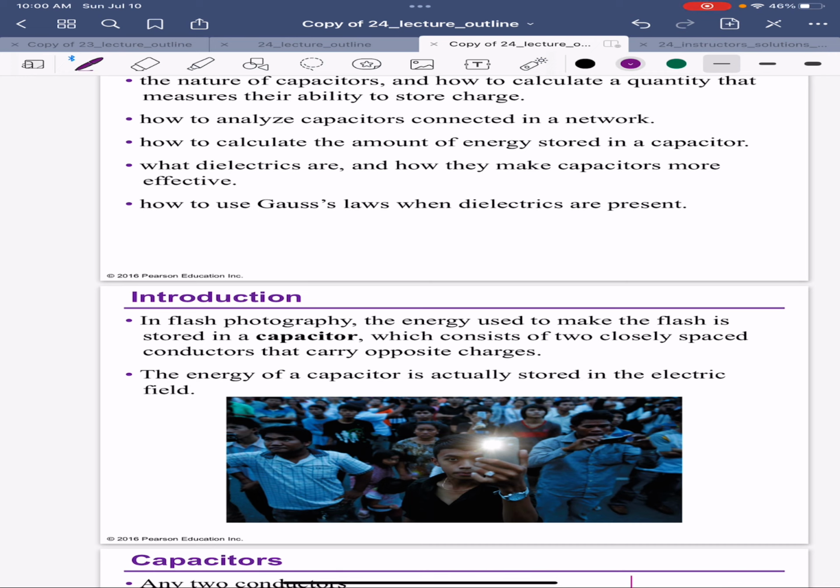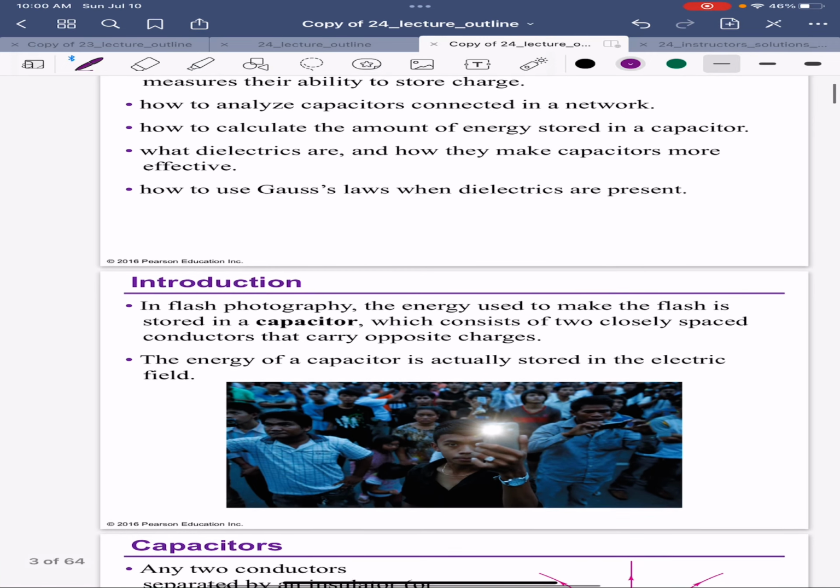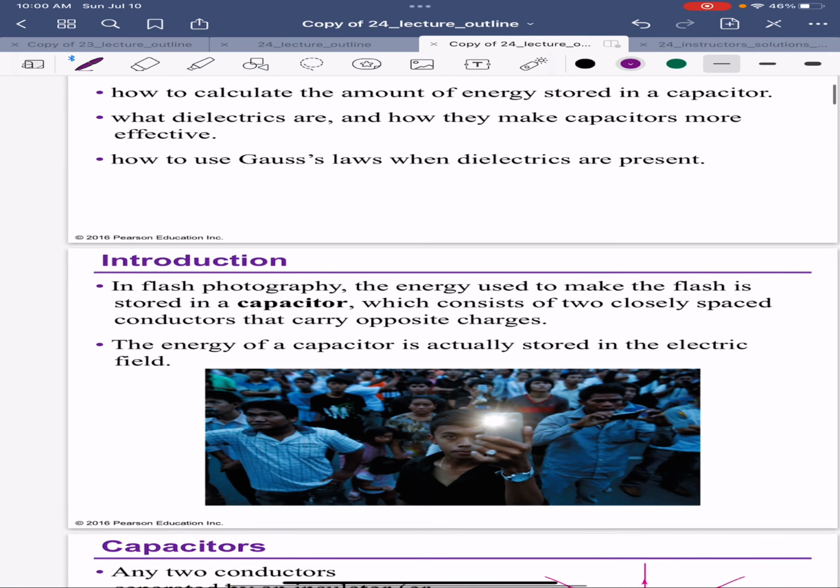Now you can see this guy in the picture using a phone to take pictures, and you can see the flash in photography that is used. The energy that we use to operate this flash is stored in a capacitor.